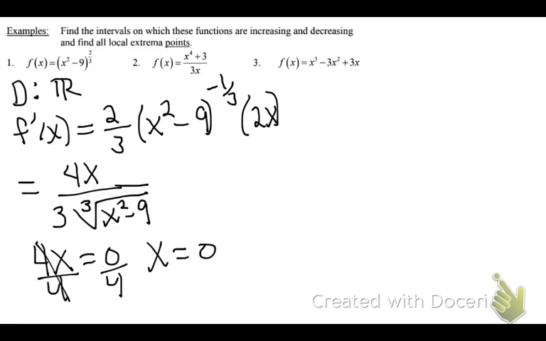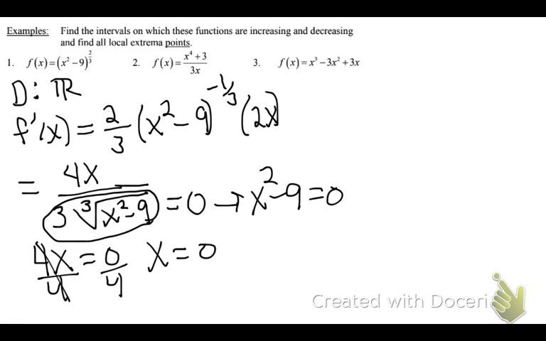And then to see where this is undefined, I'm going to focus on the denominator. We need to remember that we can't divide by 0. So I want to see what will make this denominator equal 0. If I divide by 3, that's just going to still be 0. Cube this to get rid of the cube root, still 0. So I'm really solving where x squared minus 9 equals 0.